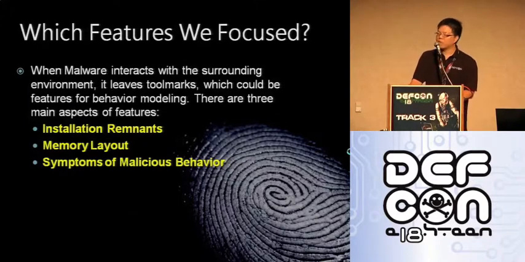We also study the memory layout, to find suspicious memory blocks or DLLs. And then we also try to find suspicious malicious behavior inside the system, for example, a hidden process or hidden files. These are all symptoms of malicious behavior that legitimate software would not normally exhibit on your system.